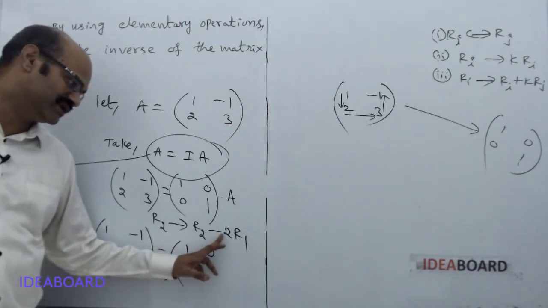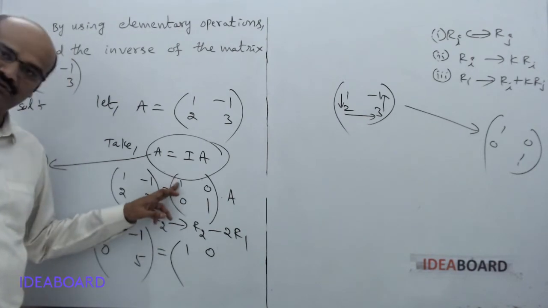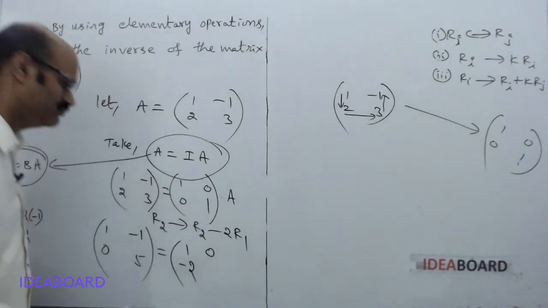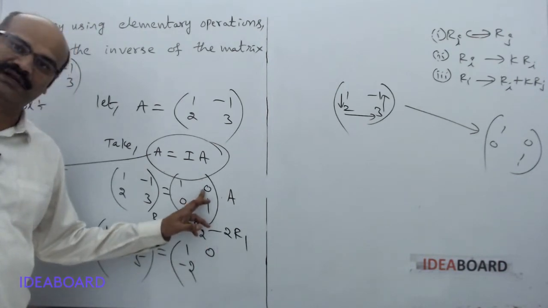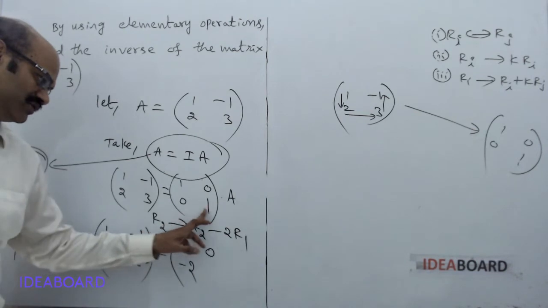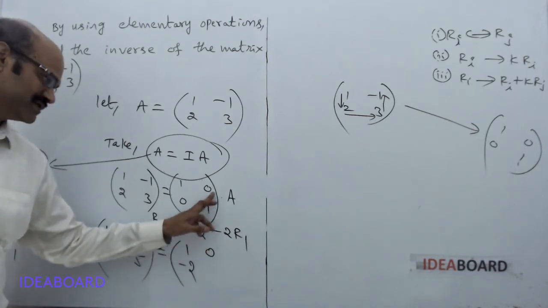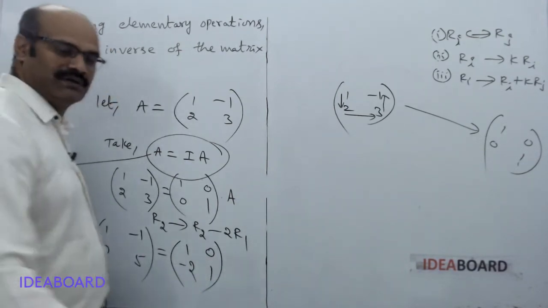R2 implies R2 minus 2 into R1. So 0 minus 2, so minus 2. Now 1 minus 2 into this one. In the R2 we are having second element is 1, minus 2 into 0 equal to, we are getting here 1. So let me write 1 here.